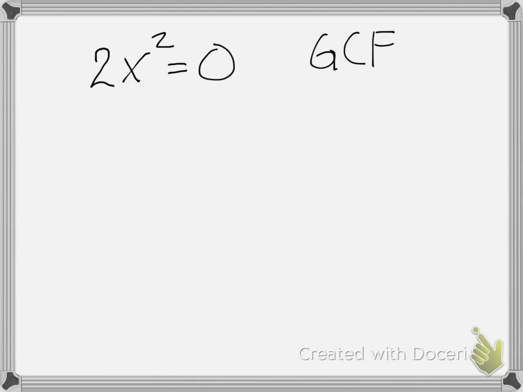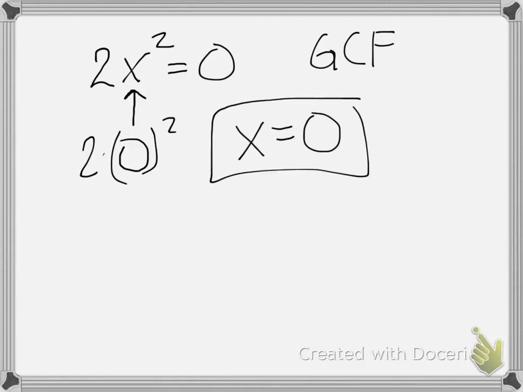But you do know that to make this true, this would have to be 0, because 2 times anything is going to be 0. So you know that this one only has one answer, even though, as I was telling you, it's not a guarantee that it has 2 answers. So this has one answer.